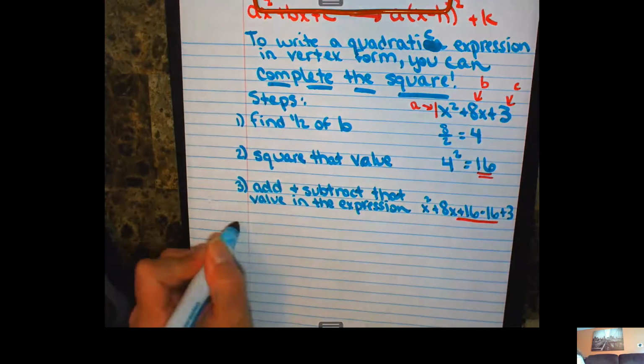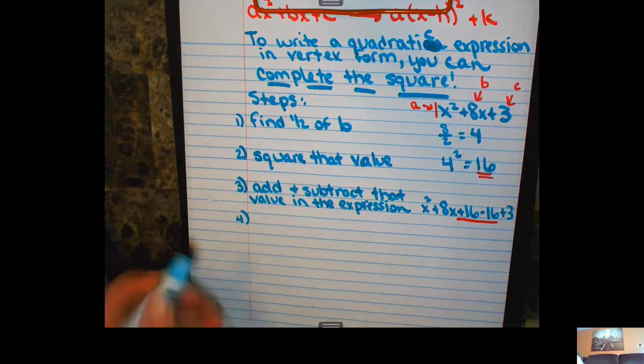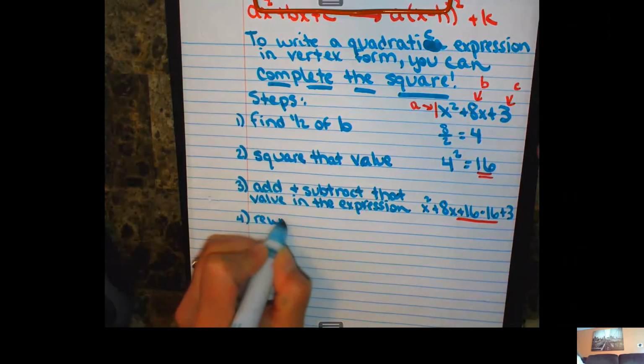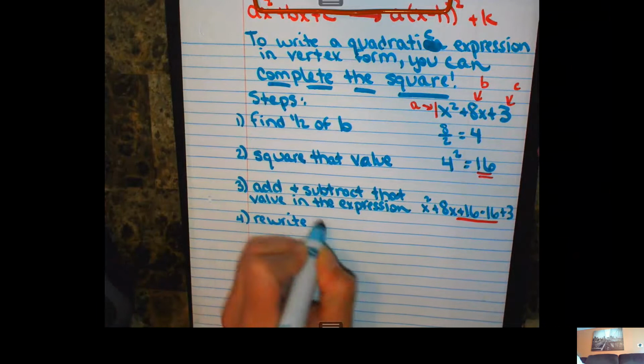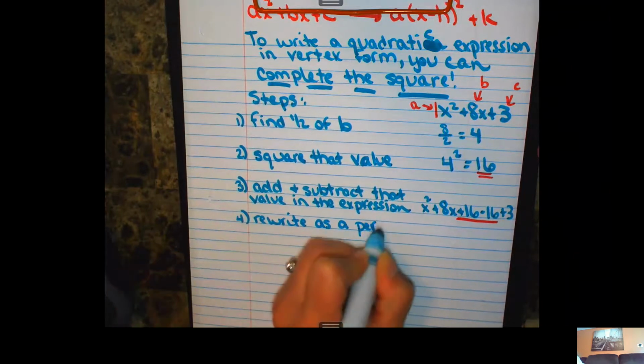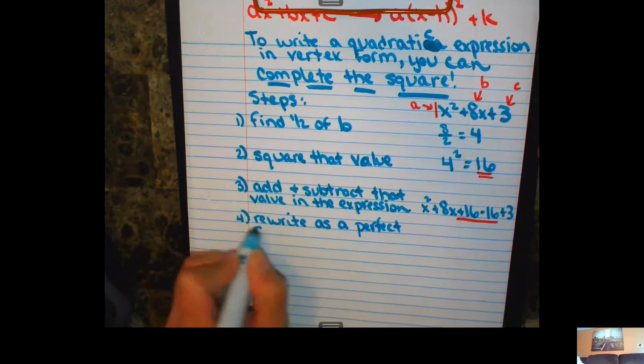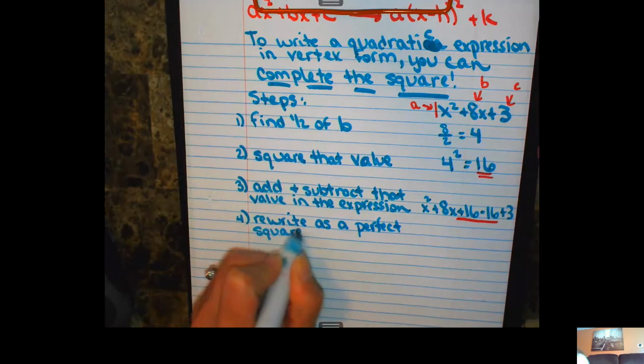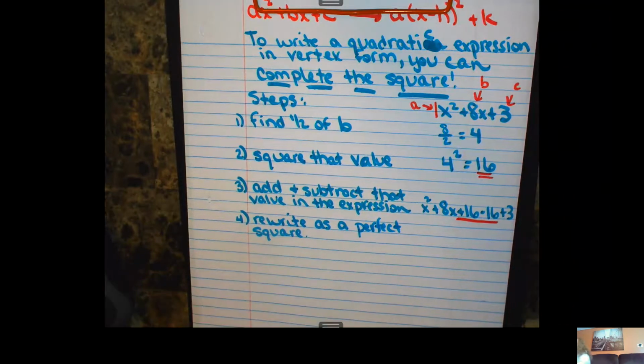So here's step 4. Rewrite as a perfect square. I'll show you what that looks like. So what we're going to do is take the first 3 terms and make a perfect square out of it like we were doing on the front of our notes.